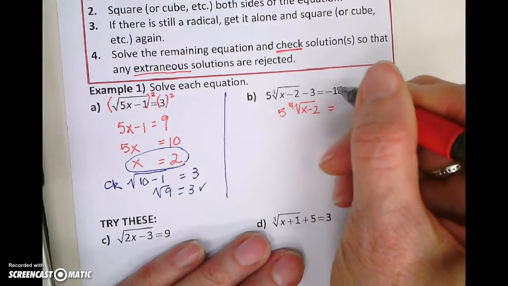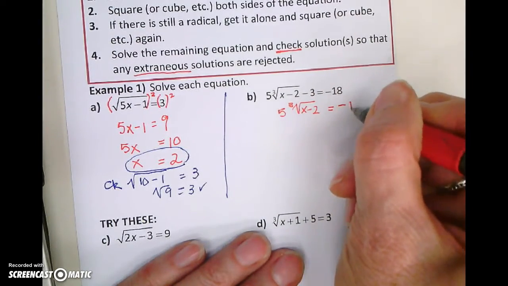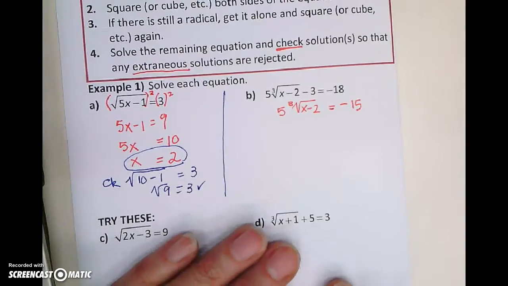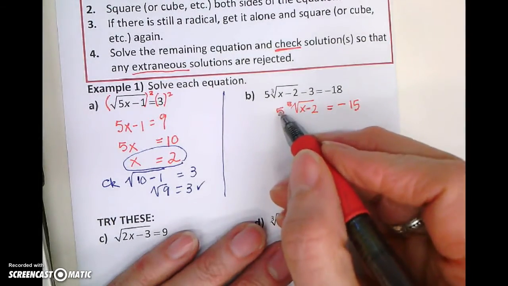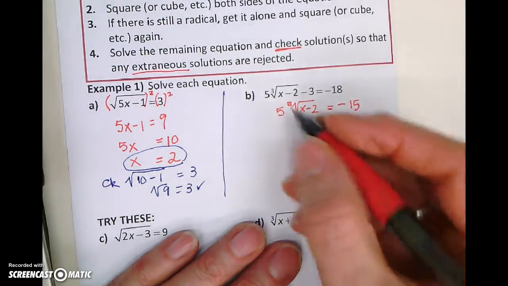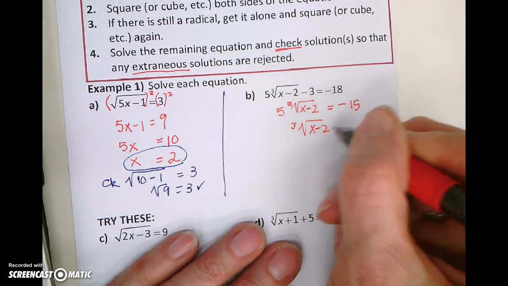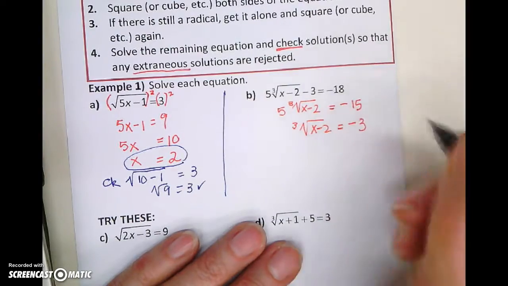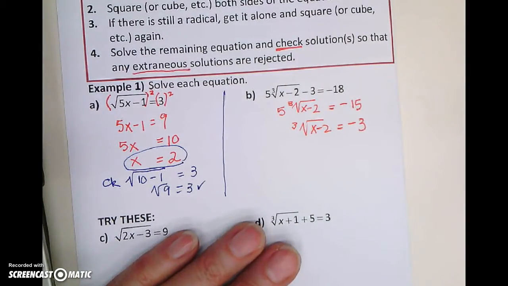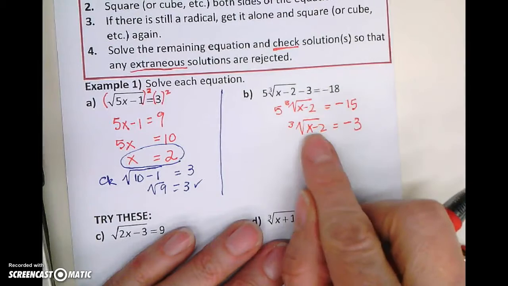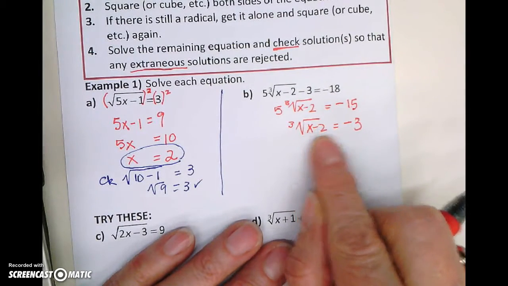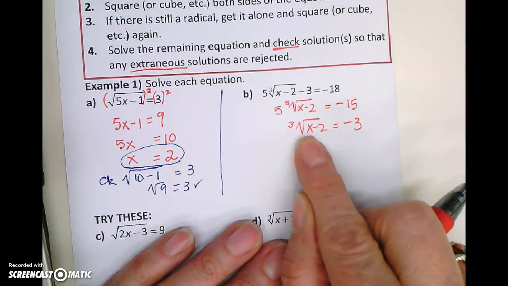Add my 3 to negative 18, and that gives me negative 15. Then I still need to remove the 5, so I'm going to divide both sides by 5, and that's going to give me the cube root of x minus 2 is equal to negative 3. All right, so now I've isolated my radical on one side of the equal sign, alone over here.